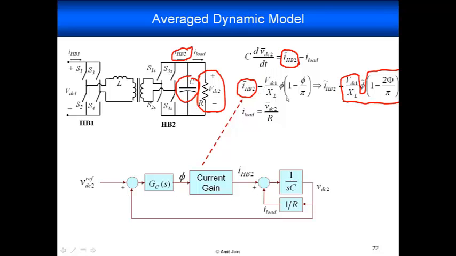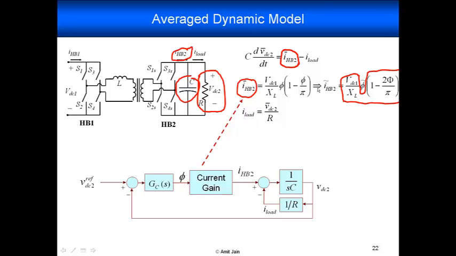So this is just the power transfer divided by the output voltage. And we have the same parabolic relation now between phi and IHB2, the output current of the converter.